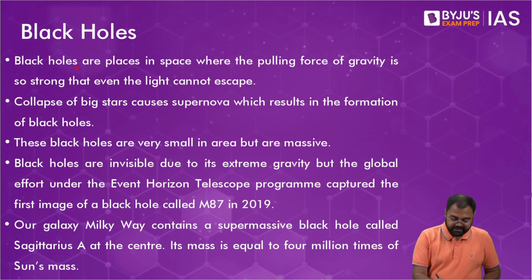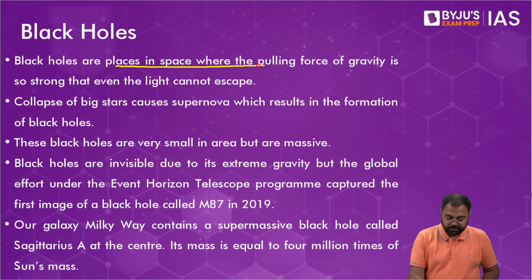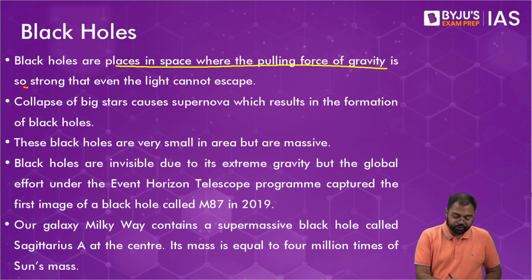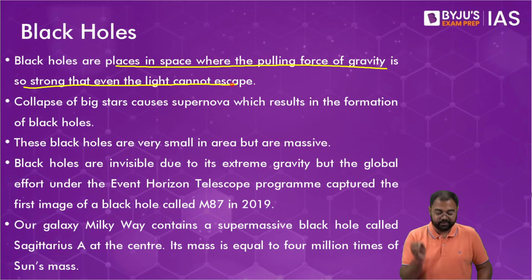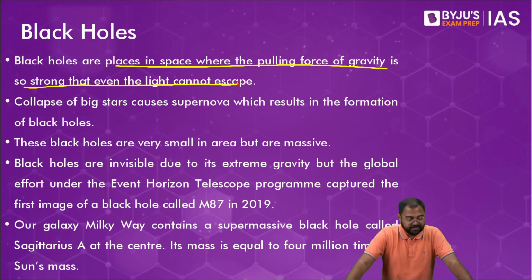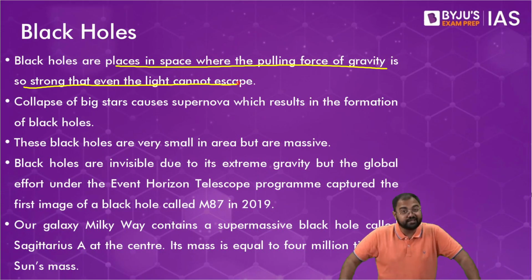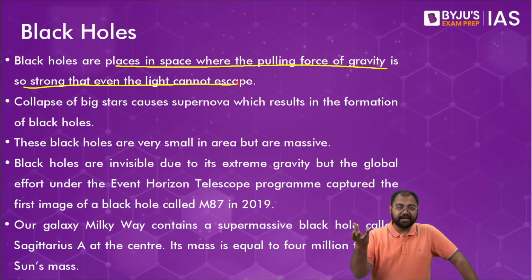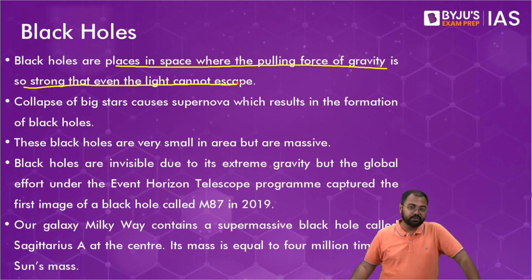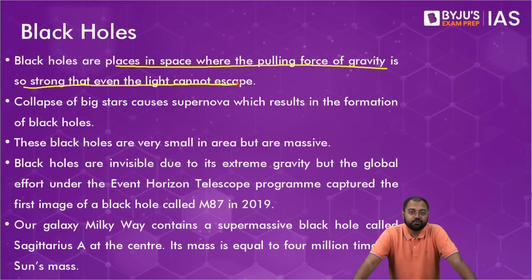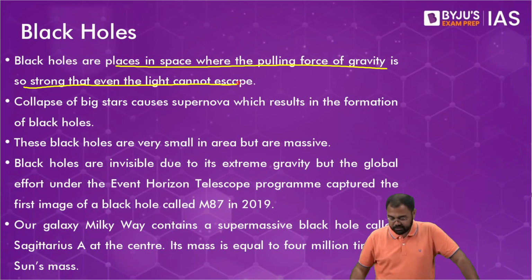So what we are saying is that these are places in space where the pulling force of gravity is so strong that even light cannot escape. Even light particles, because light is also made of particles, or photons as we call them, will be pulled by the gravitational pull of the black hole, and hence this is happening.